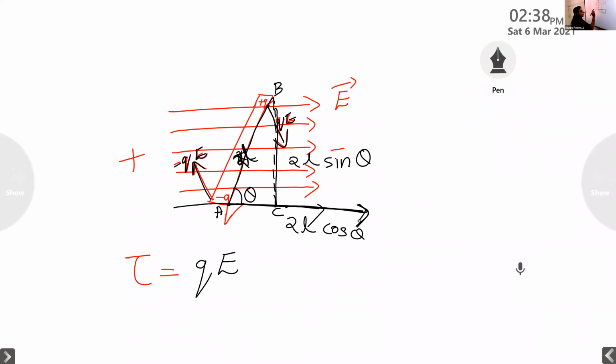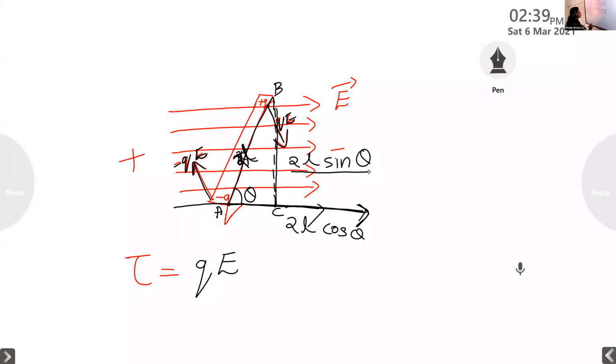From this triangle ABC, which is the perpendicular distance? Is it 2L cos theta or 2L sin theta? 2L sin theta, right? The side BC of the triangle represents the perpendicular distance, and it is given by the sin theta component.